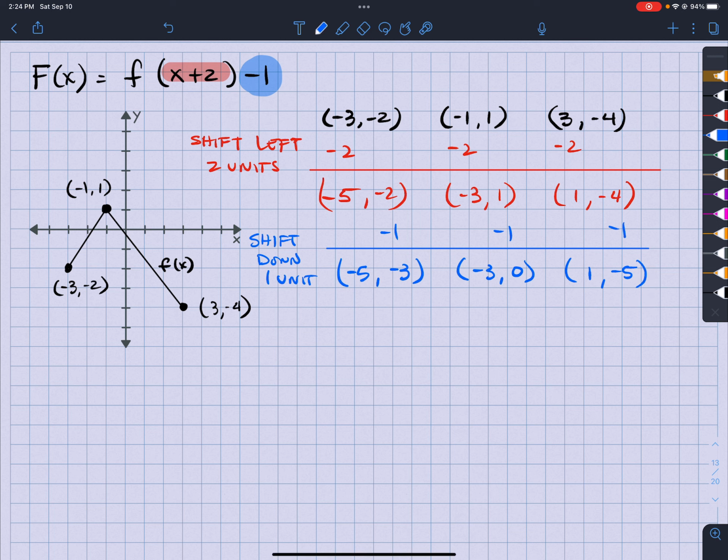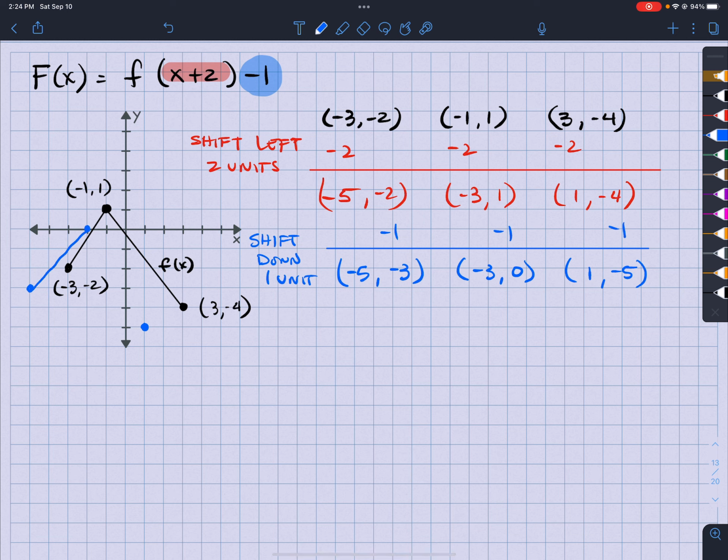My final destination was -5, -3. So 1, 2, 3, 4, 5, -3. It's right here. And then -3, 0 here. And 1, -5. 1, 2, 3, 4, 5.